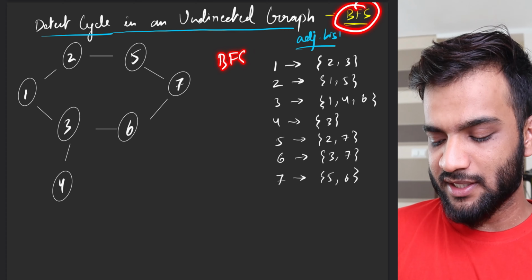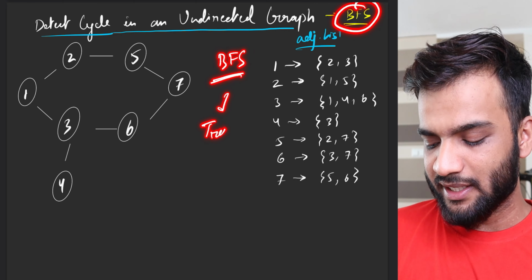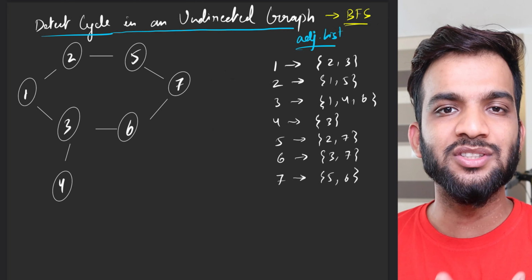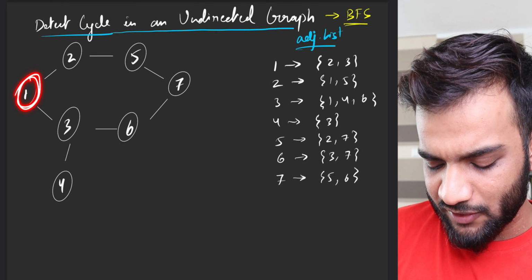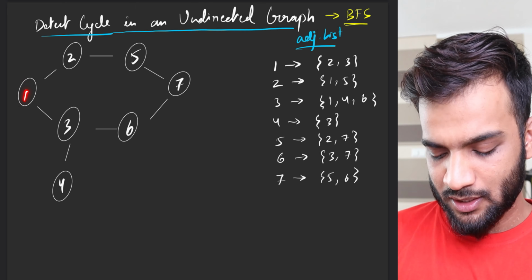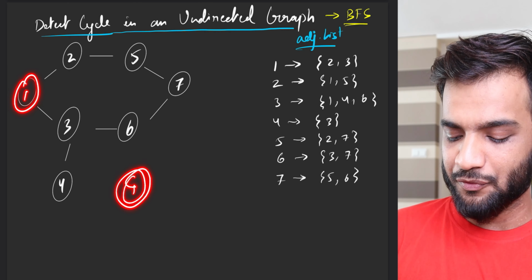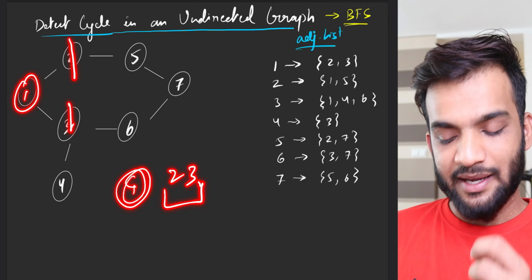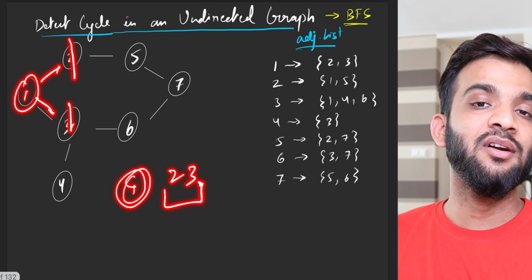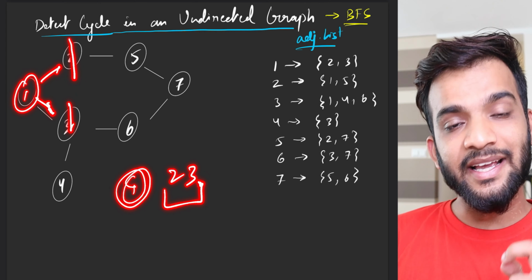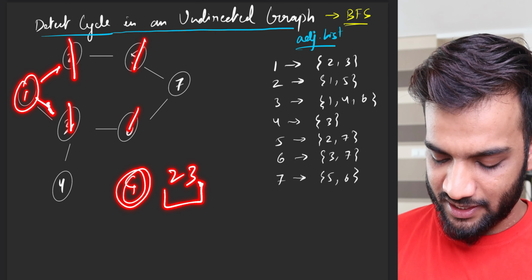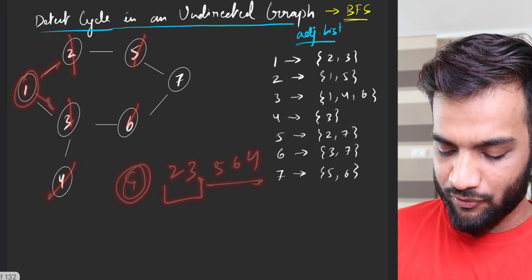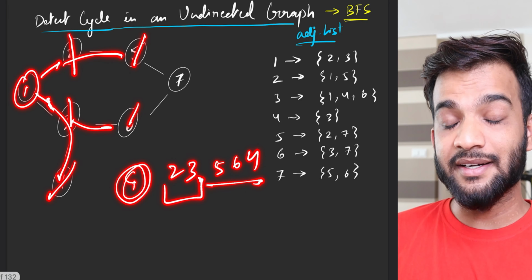What is BFS? It is nothing but a traversal technique where you start from a node and you visit all the nodes in that graph. If you are starting from this node 1, what do you visit in the next step? You visit 2, 3 because they are at a distance of 1, or level 1. At the next step, you visit 5, 6, 4, because they are at a distance of 2.